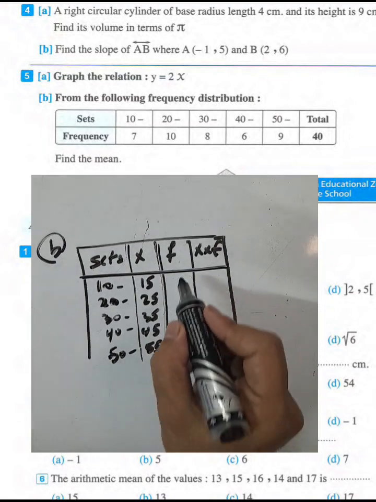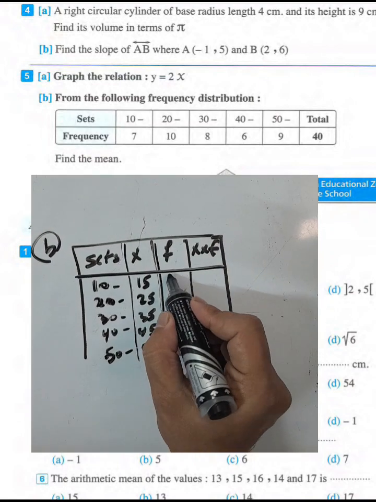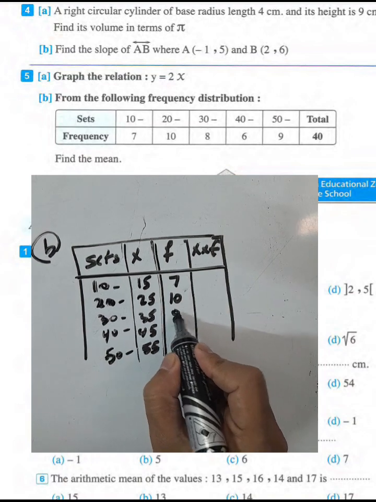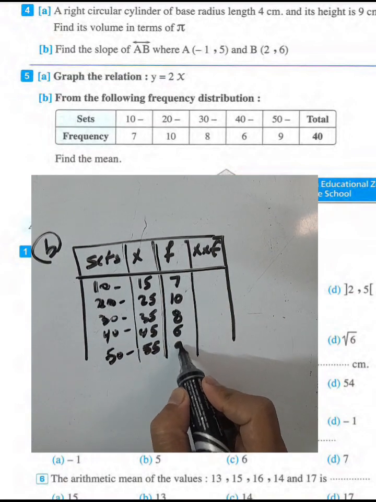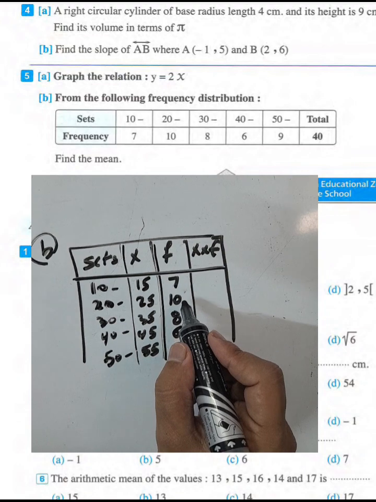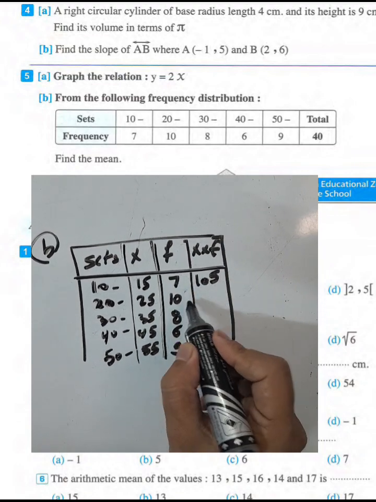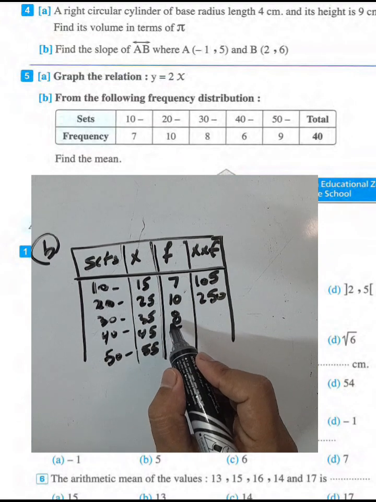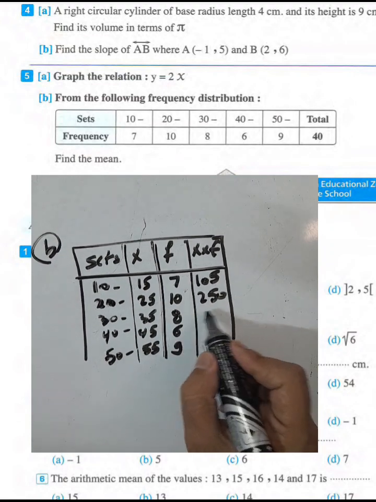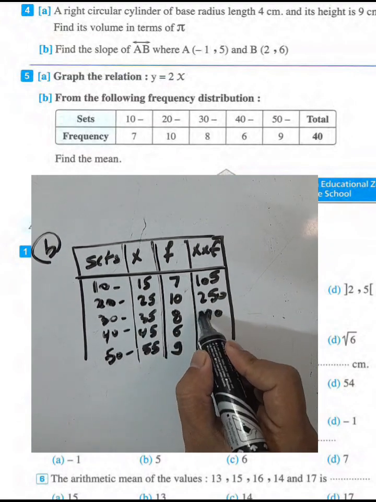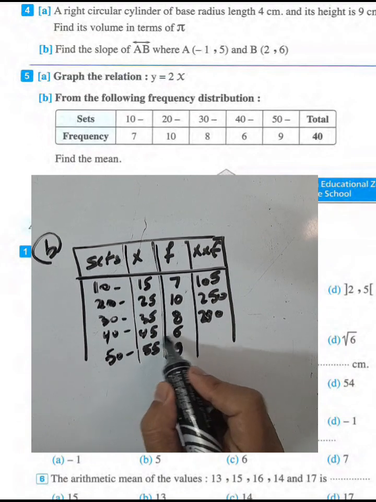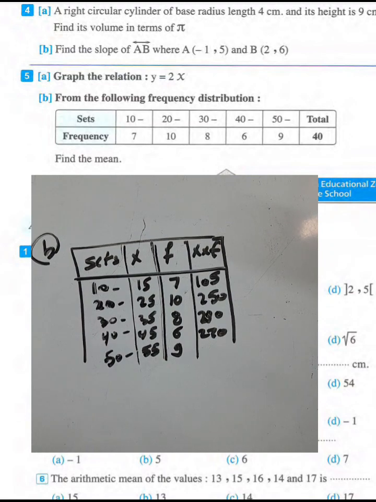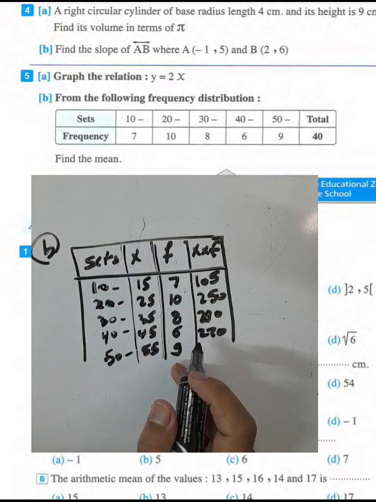And then we write the frequencies 7, 10, 8, 6 and 9. The product of 7 and 15 is 105. 25 times 10 is 250. 35 times 8 equals 280. 45 times 6 equals 270. 55 times 9 equals 495.